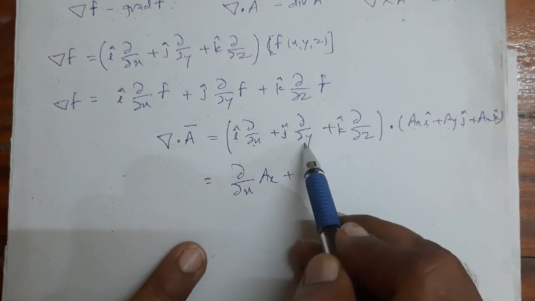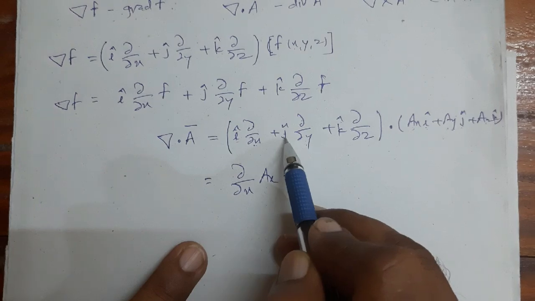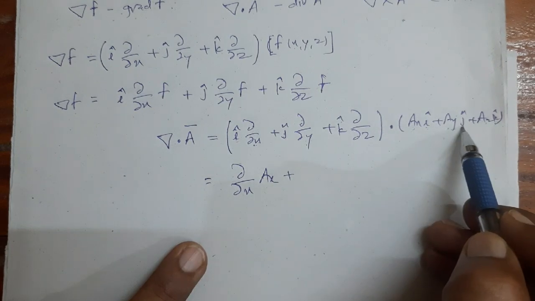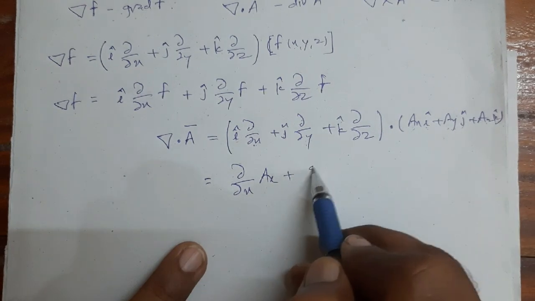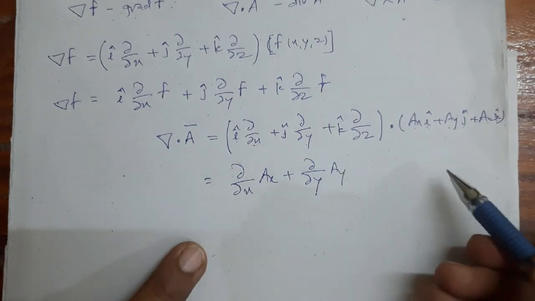j cap ∂/∂y on ay j cap may not be 0, and similarly j cap dot j cap is definitely non-zero, it is 1, and therefore this term remains as it is. It is ∂/∂y of ay.